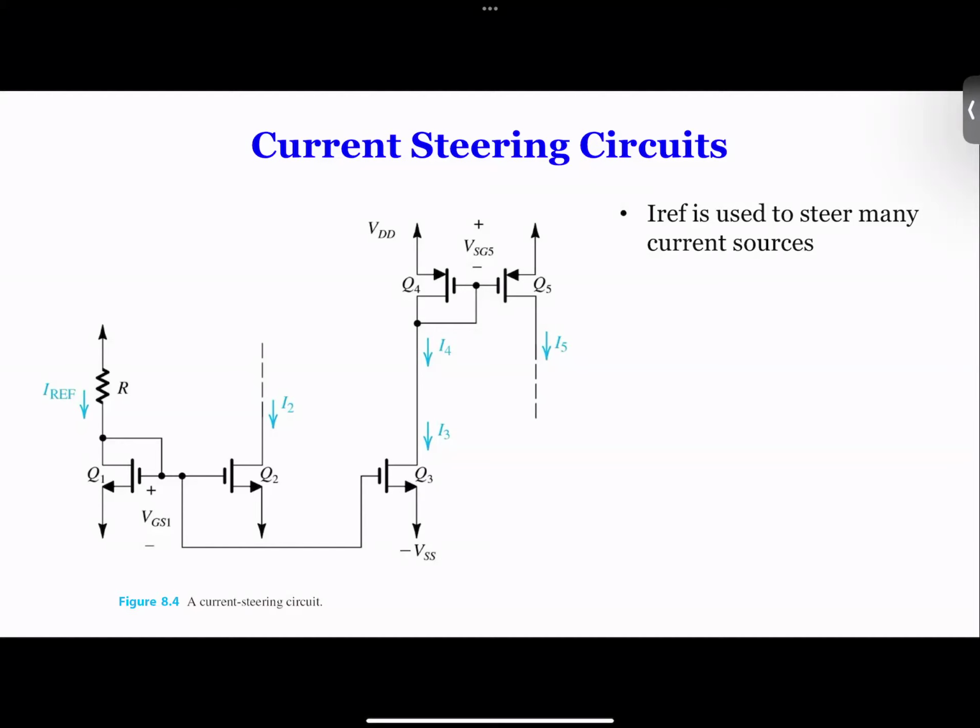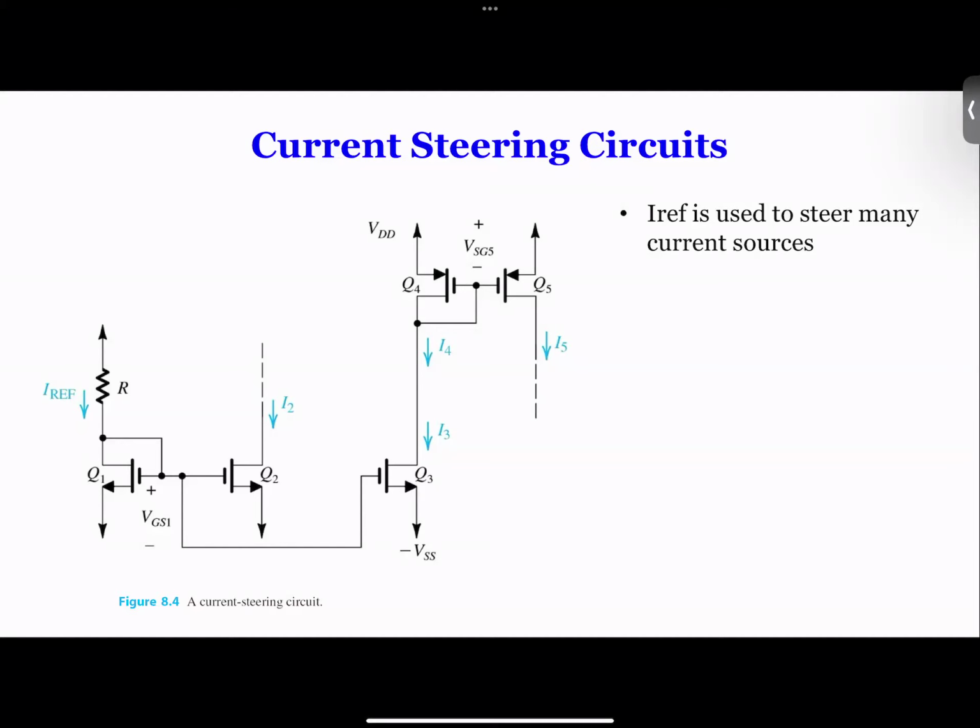How much is the current in transistor Q4? Well, they're connected in series, so I4 and I3 are going to be the same. Now look at Q5. Q5's gate is connected to Q4's gate, and Q4's gate is connected to its drain.